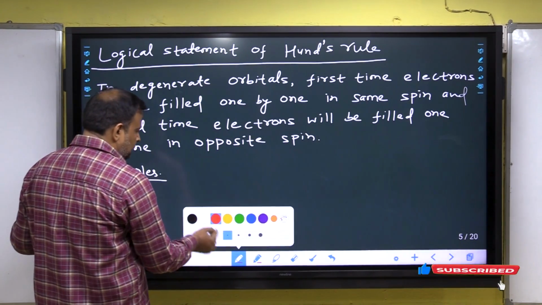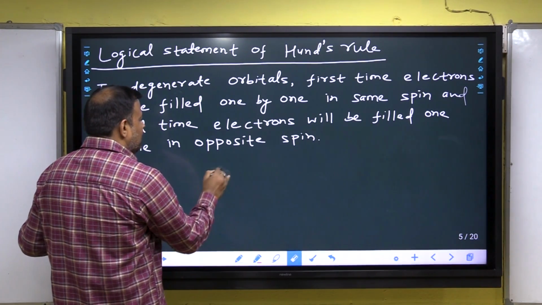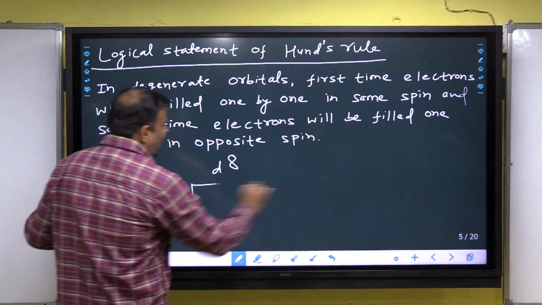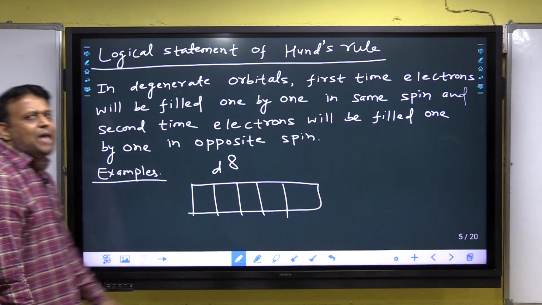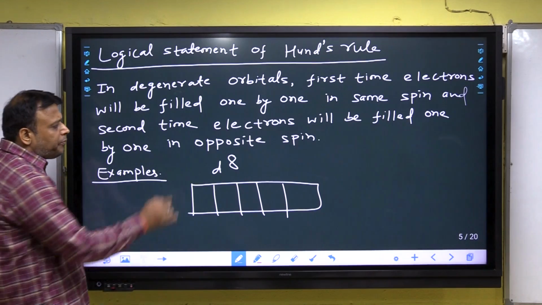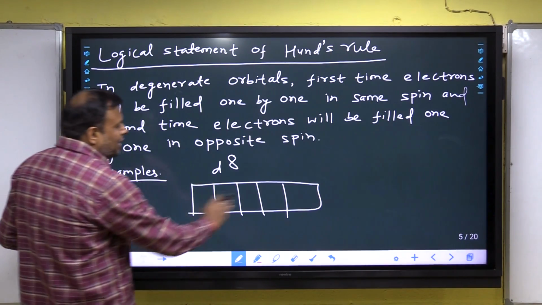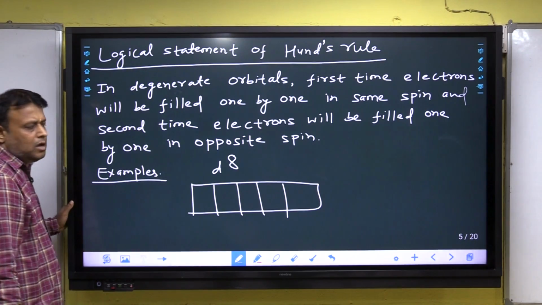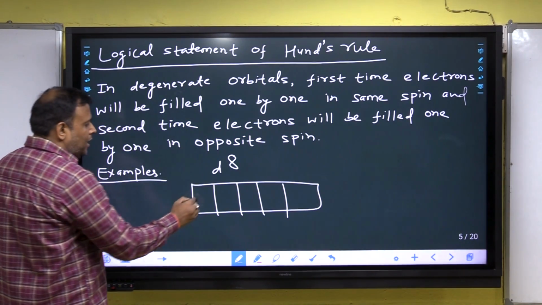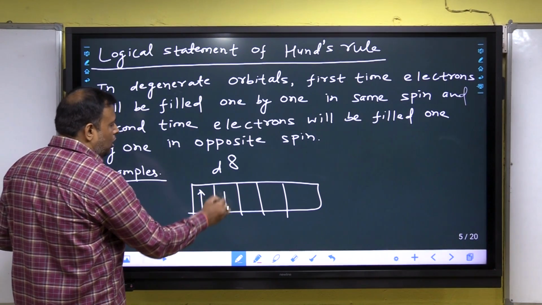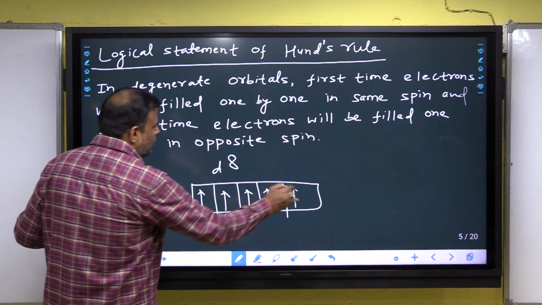Look at the board. Listen, if d has 8 electrons, and we know that d has 5 orbitals, how to fill all 8 electrons in the degenerate orbitals of d? We have 8 electrons, and according to Hund's rule, they are filled one by one: 1 electron, 1 electron, 1 electron, 1 electron, 1 electron.